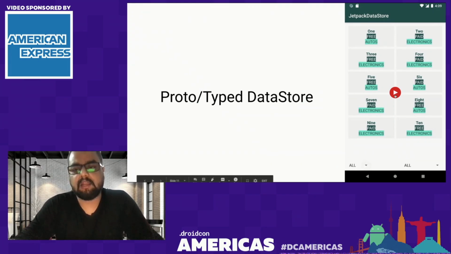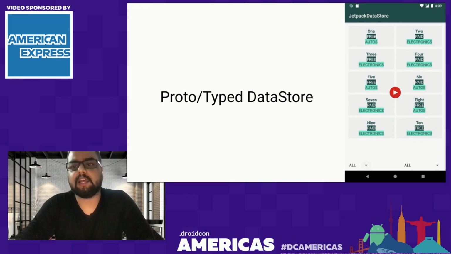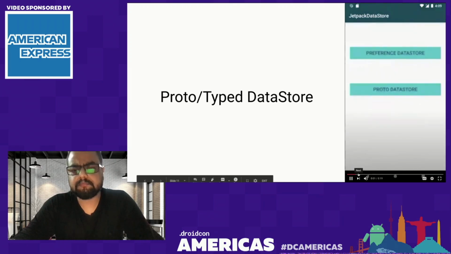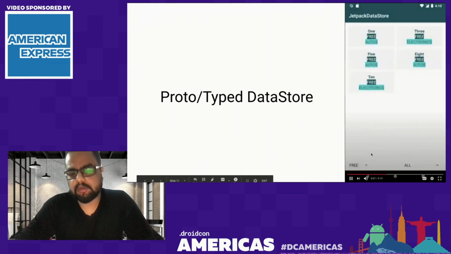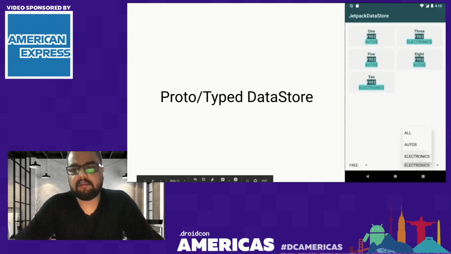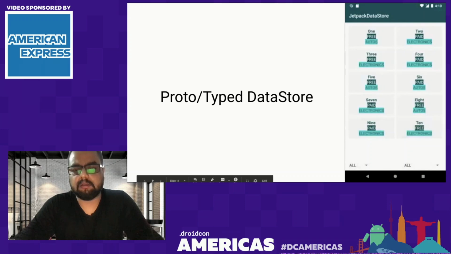One can select a filter of a particular category or the type of ad. Whenever the user selects a particular filter, that filter is preserved in the Proto DataStore, and after relaunching the app, the filters are retained. So this is a particular use case that you can consider while you go with Proto DataStore.